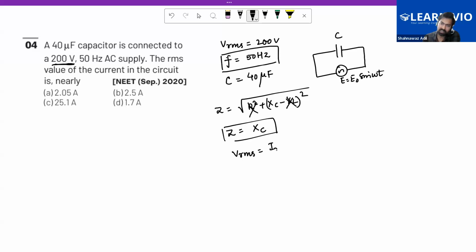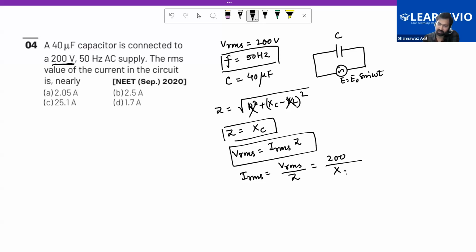VRMS is IRMS times Z. So VRMS is given already. IRMS we have to find out. This is VRMS divided by Z. Z is what? Z is XC. VRMS is 200. XC is how much?